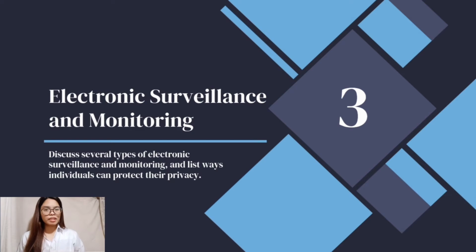Hi, my name is VICENTINO and I am going to discuss electronic surveillance and monitoring. So, surveillance. When we say surveillance, what does it mean? Surveillance means monitoring of behavior, activities, information for the purpose of information gathering, influencing, managing, and directing.